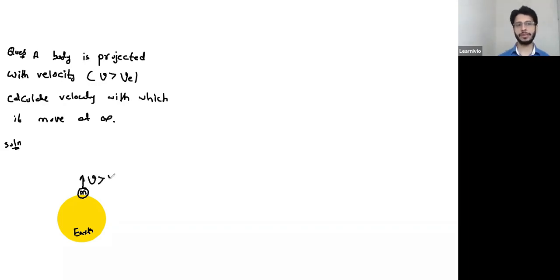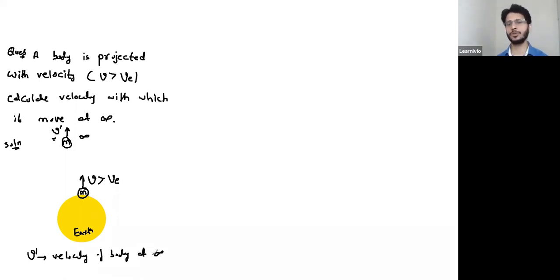And remember, this v is greater than escape velocity. At infinity, this body will continue to move with some velocity. You have to calculate this velocity. This v prime is the velocity of the body at infinity. This calculation is very straightforward.